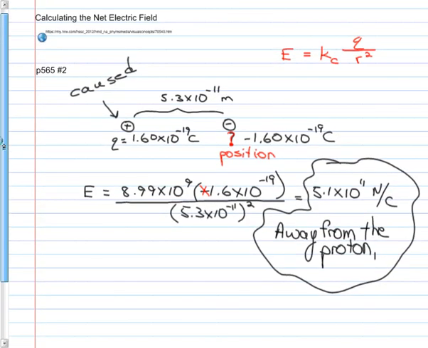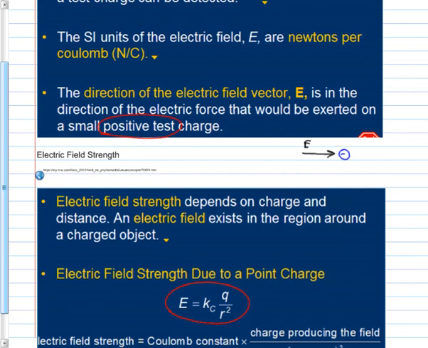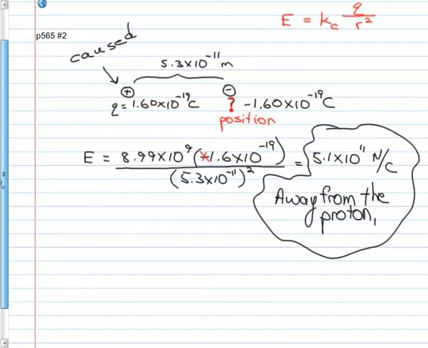Because the direction is not determined by the sign. Whether you multiply by a negative or positive number will not change the magnitude. It's the same number. We determine the direction by this rule: the direction a positive test charge would go, which would be away from this proton, which they are saying is causing the electric field.